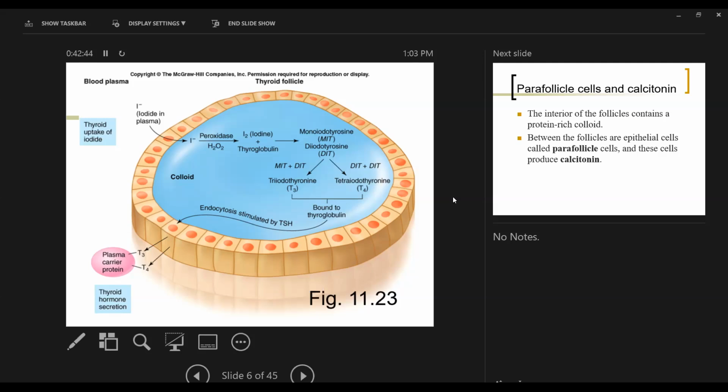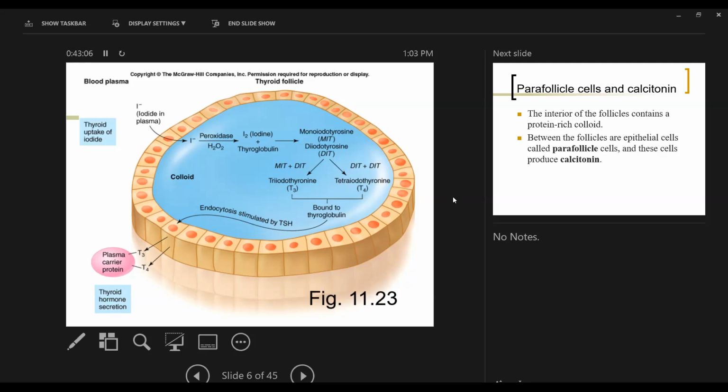The follicle cells will then gobble up the thyroglobulin by endocytosis. They fuse it with a lysosome, it gets degraded, and then the tyrosine with the iodine is now liberated, and that is your thyroid hormone.